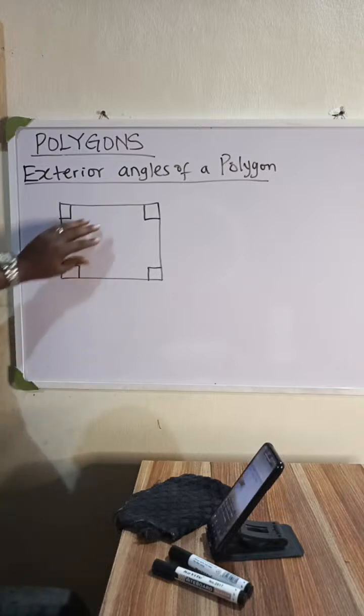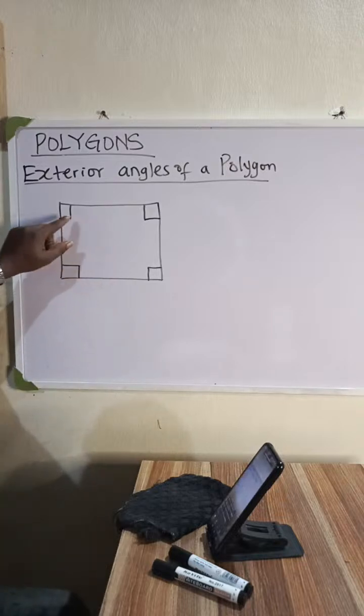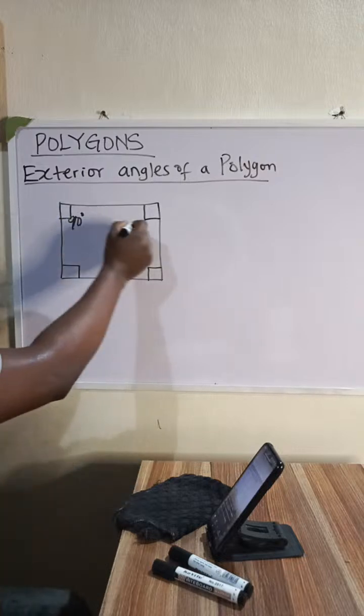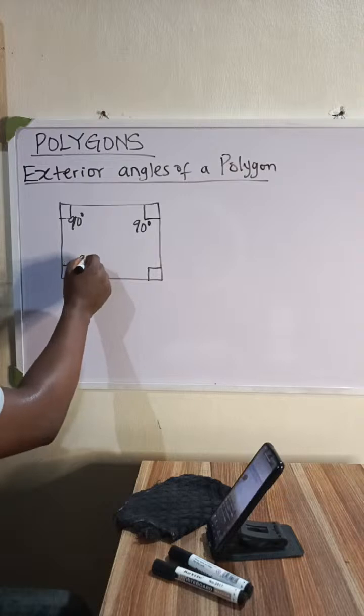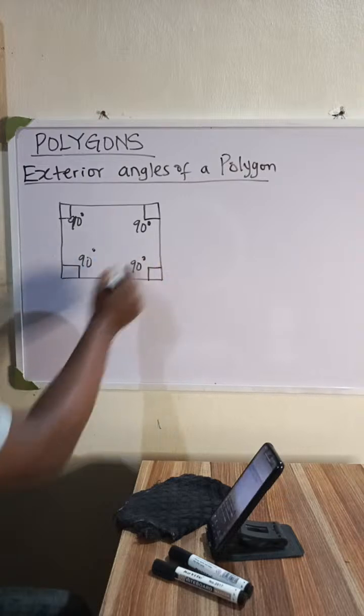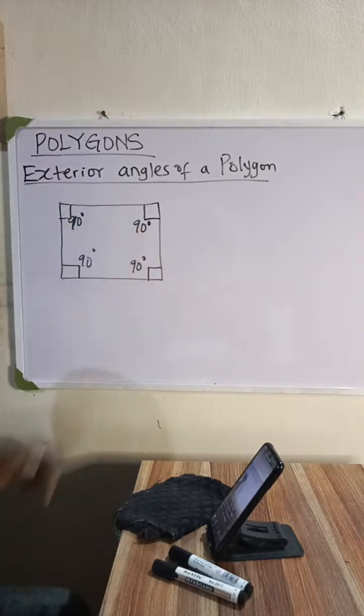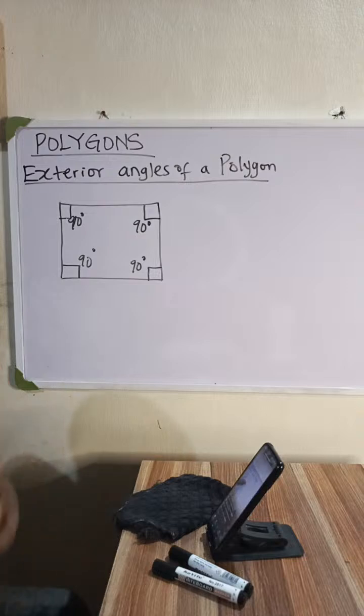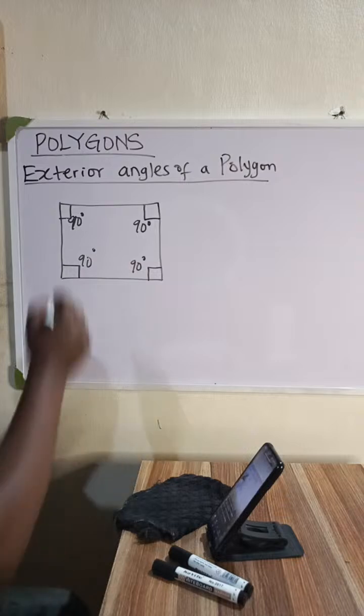Now all these angles are interior angles of this polygon. But apart from the interior angles of a polygon, sometimes you might be expected to calculate the exterior angle of a polygon.